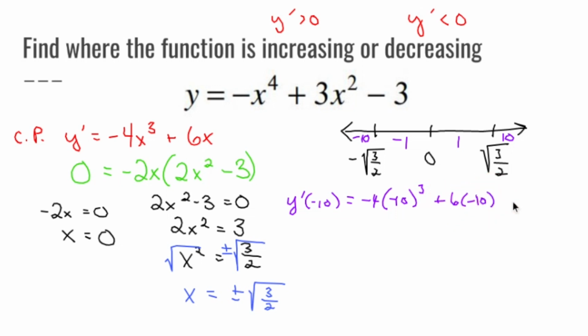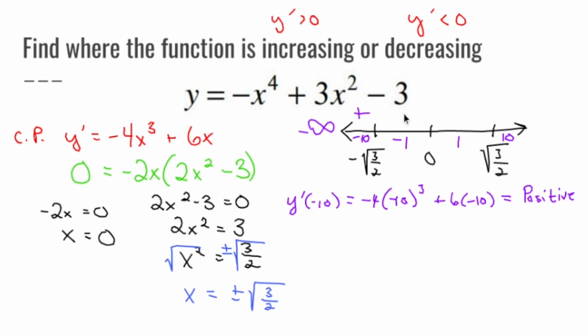Now, I'm not going to overthink this. I'm not even going to do any math. Negative 10 cubed is negative 1,000. You multiply that by negative 4 and you get 4,000. 4,000 minus 60 is going to be a huge number. But the most important thing is that it's going to be positive, which tells me that when I plug in negative 10, it's increasing. So this is why I call it a sign table, because by plugging in negative 10, I know everything from negative infinity to negative square root of 3 over 2 is going to be an increasing part of this function.